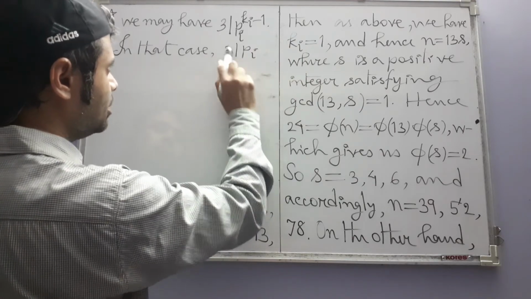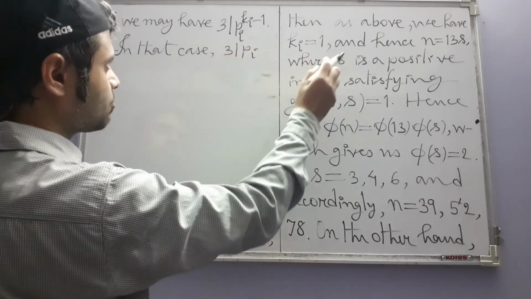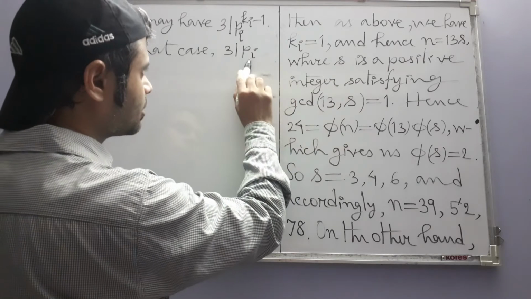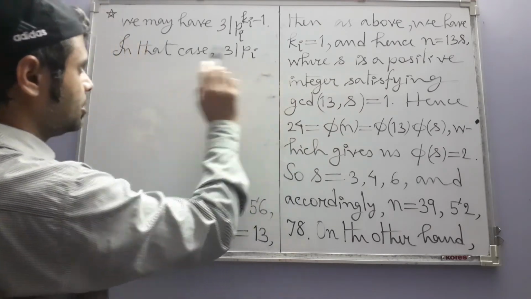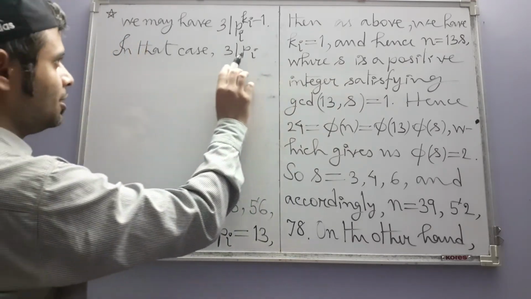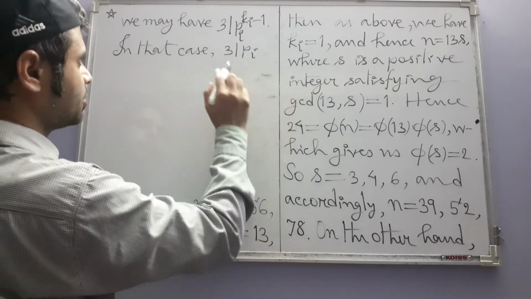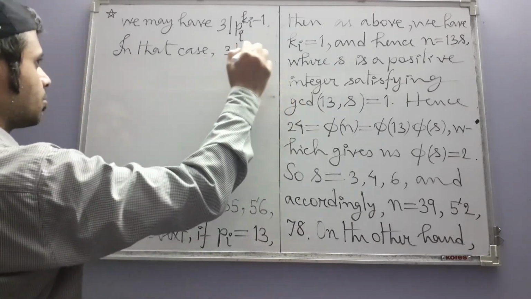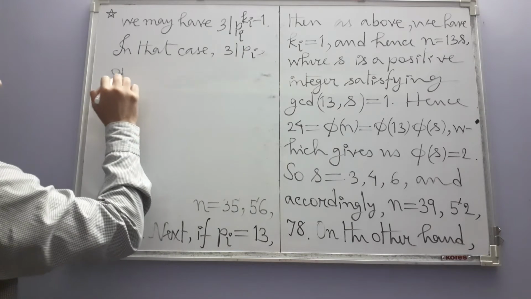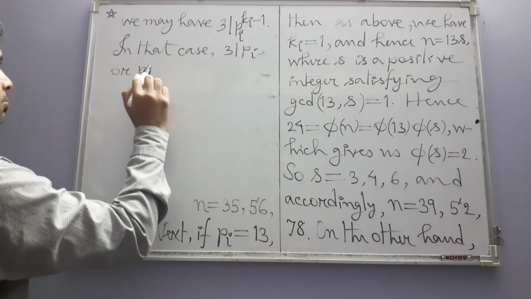So 3 being a prime should divide at least one of them, but they are all equal to pi, so 3 should divide pi, but pi itself is also a prime, and that is why pi should be equal to 3.